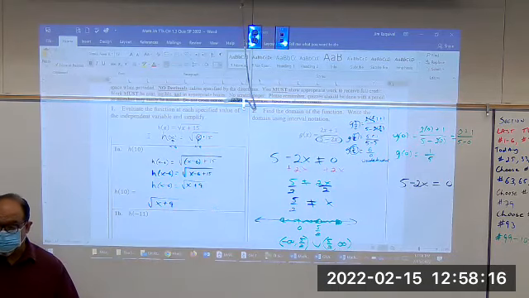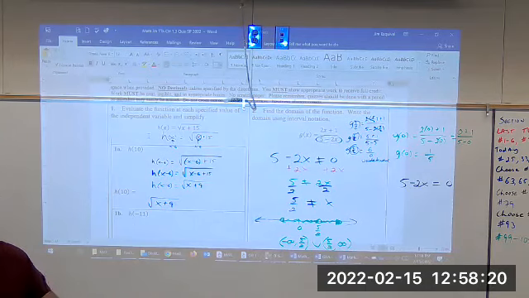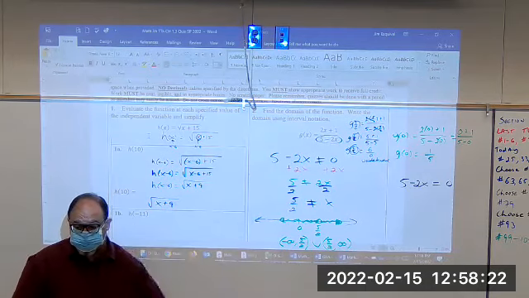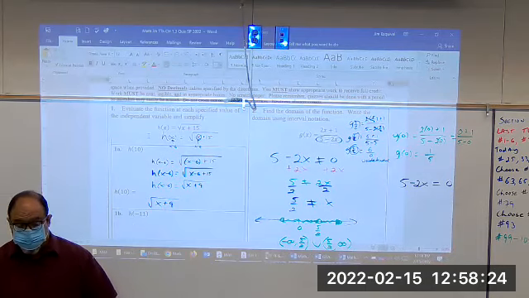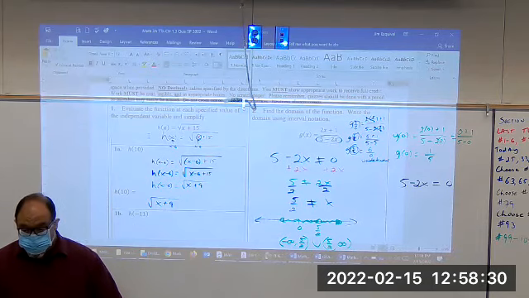That's the domain. That's what you get to use, any x value except positive 5 over 2.